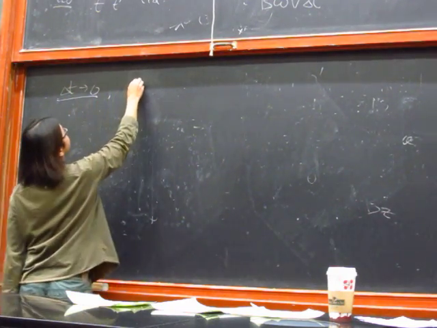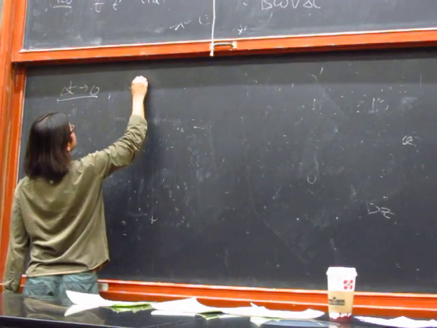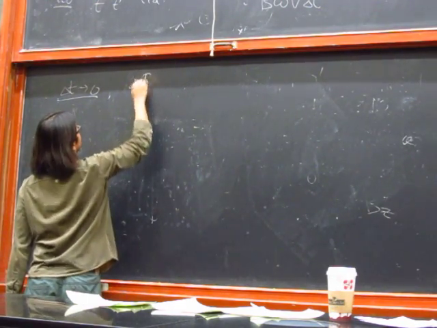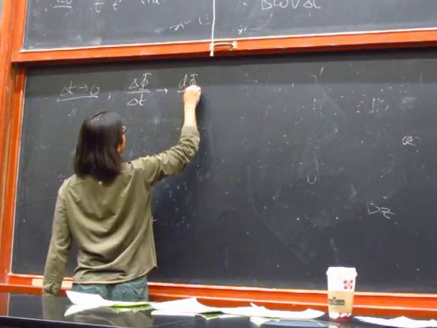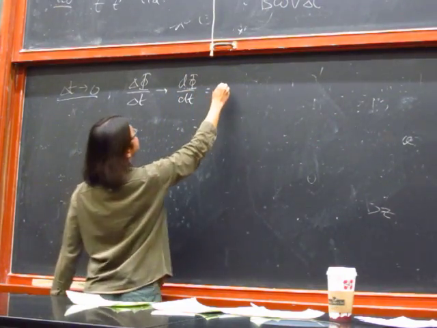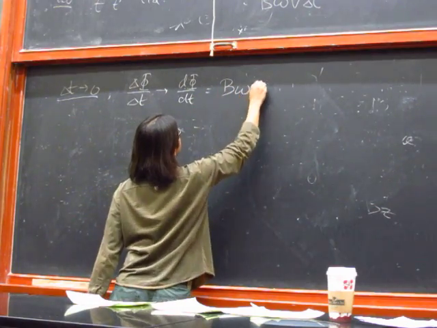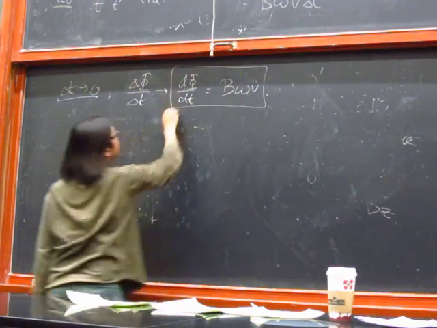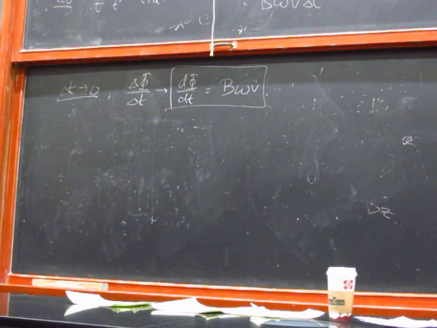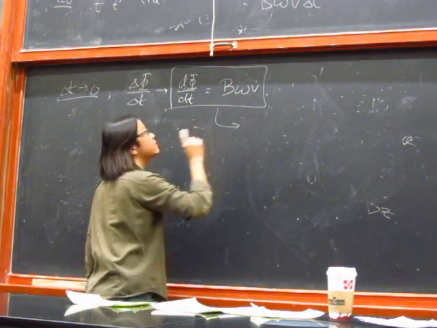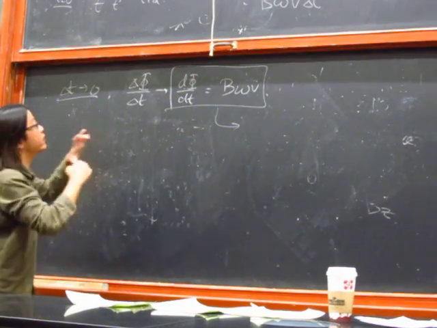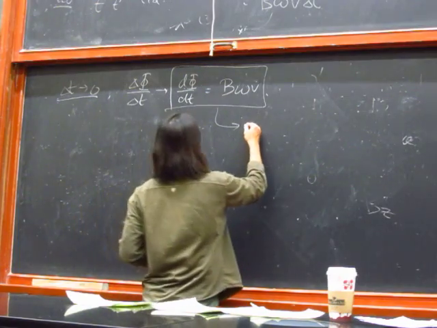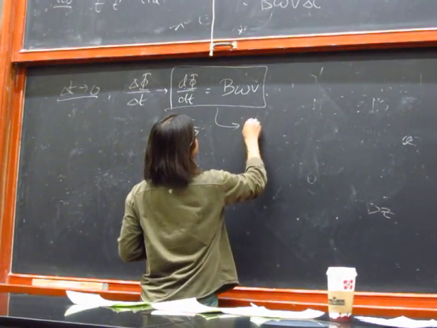Then delta phi over delta t becomes d phi dt. This is the change in the flux through that loop, for a loop moving in a stationary magnetic field. Flux change.